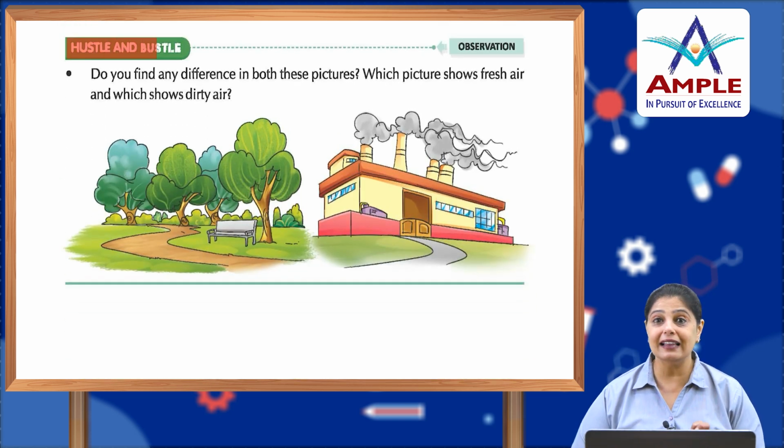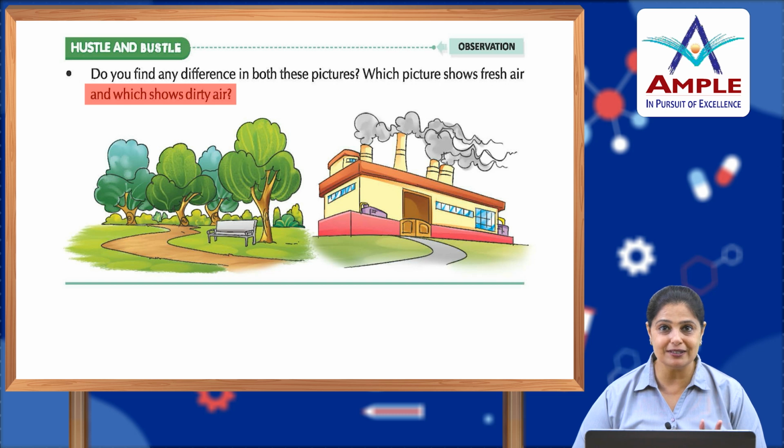Now, hustle and bustle. What is this? Do you find any difference in both these pictures? Which picture shows fresh air and which shows dirty air? Now, what is the difference? The picture with green plants, the trees and all, I am sure is full of fresh air, full of greenery, and really a beautiful place to be in.